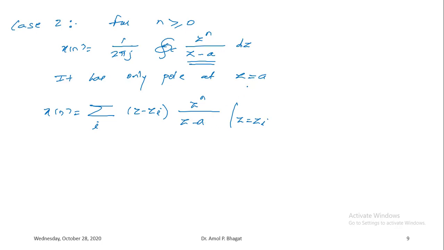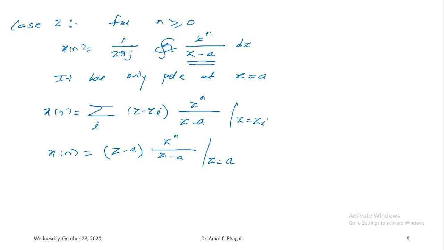As there is only one pole, you can directly evaluate it at z equals a. I am substituting the value of the pole here: in place of z I am substituting a, because it has only one pole.